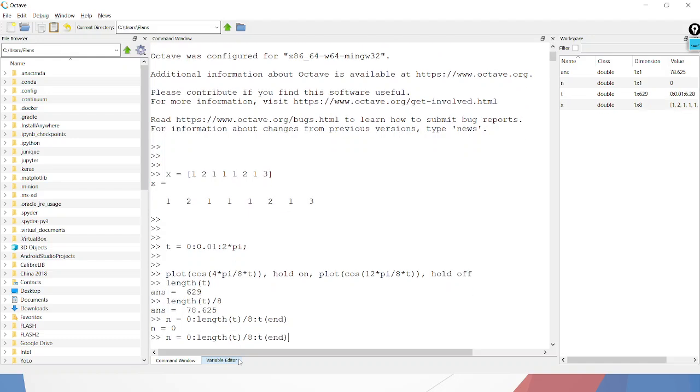No, wait a minute. It's just enough to have 2π versus 8. I know the end point, that is 2π. I have specified it directly here, so I can put it directly, actually more accurately even.